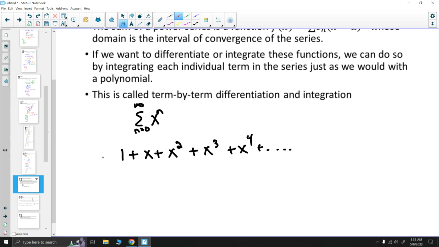Okay, and so the derivative of this thing, if we were to derive it, so that is f prime of x then, would be the derivative of 1 is 0, plus the derivative of x is 1, plus the derivative of x squared is going to be 2x plus 3x squared plus 4x to the 3rd plus ... Okay, so let's think about what this thing would be.